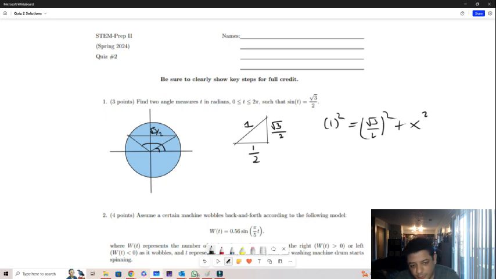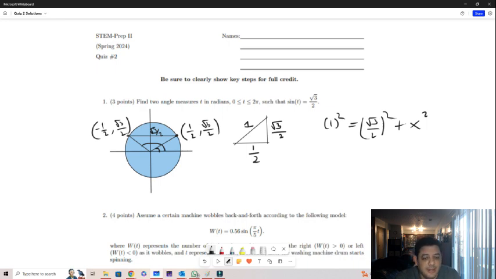When I solve for x squared, I find that x is 1/2. So this point here corresponds to (1/2, square root of 3 over 2). And because of that, this point over here is going to correspond to square root of 3 over 2 as well in y, and in x it is going to be minus 1/2, since it's just a reflection of this.